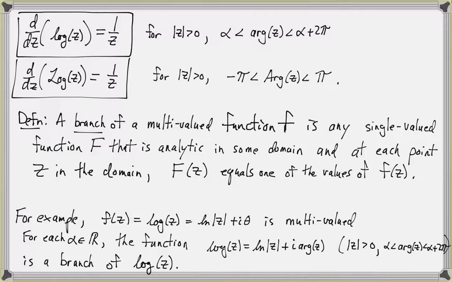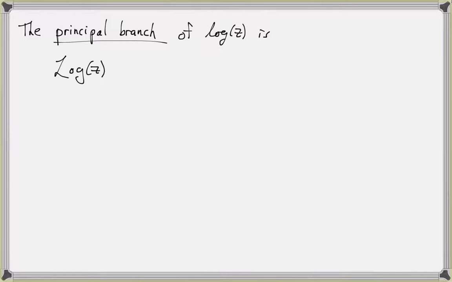As I mentioned before, if we specify the argument of z to be the principal value of argument, this is called the principal branch of log of z. The principal branch of log of z is the function capital Log of z, defined as the natural log of absolute value of z plus i times the principal value of argument of z.